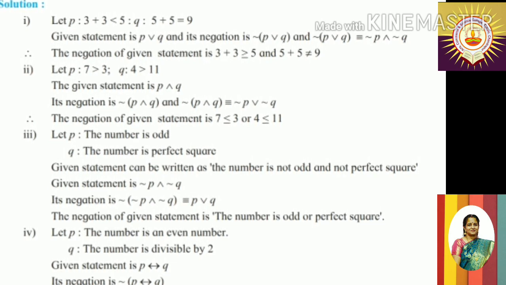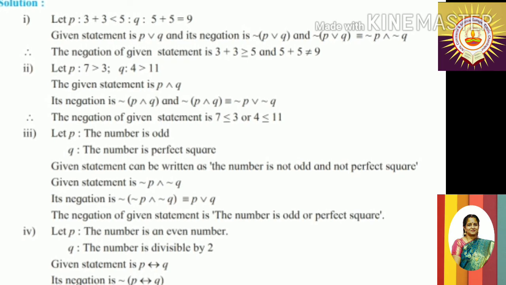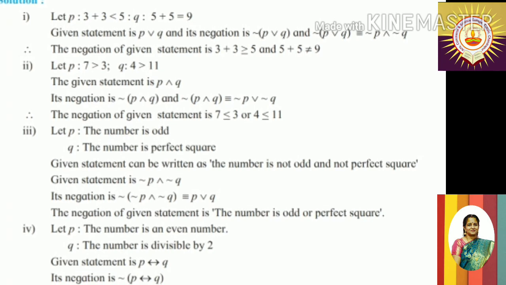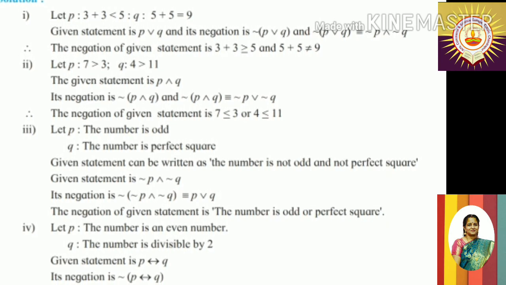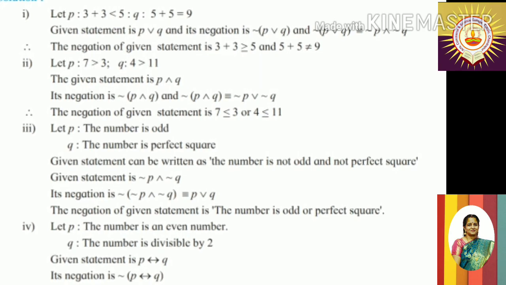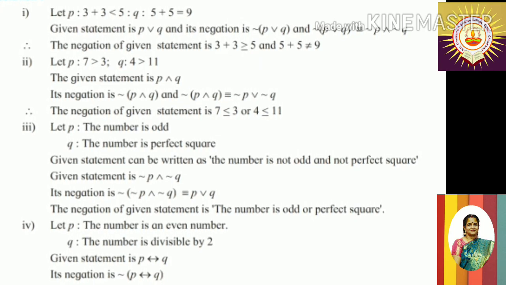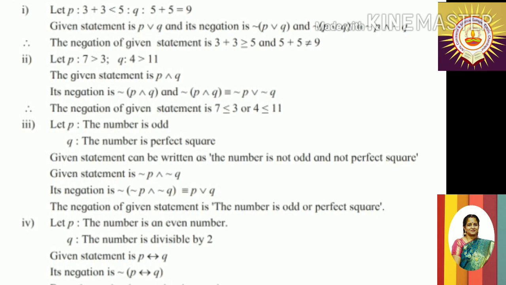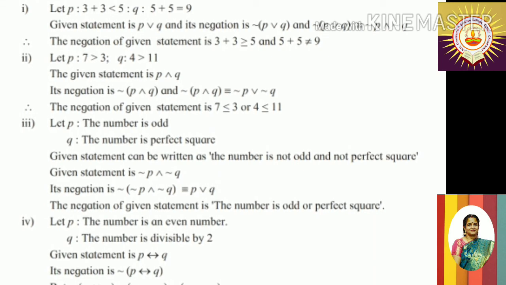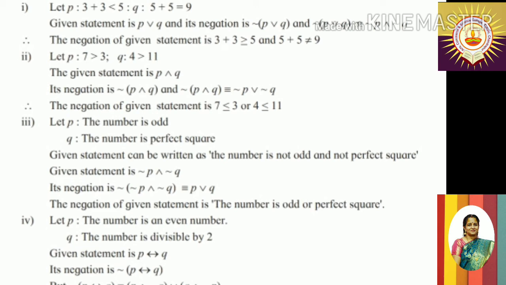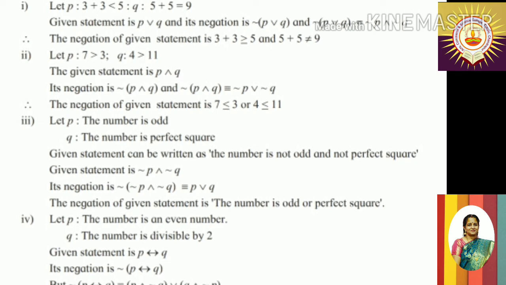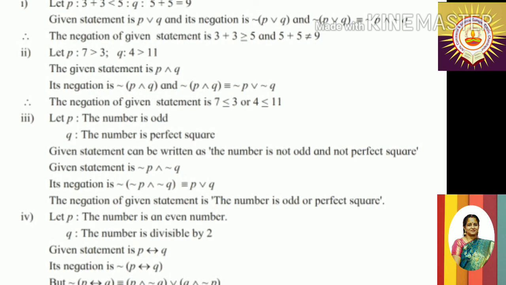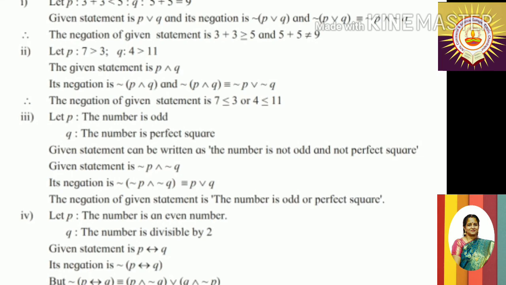The third example. The number is neither odd nor perfect square. In this example, first of all you have to write the symbolic form of the given statement. Find out what is P, what is Q and write down its symbolic form, and after that you apply negation to the symbolic form. Here the two simple statements are the number is odd and the number is a perfect square.